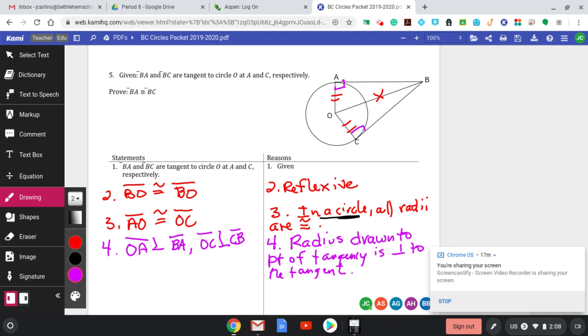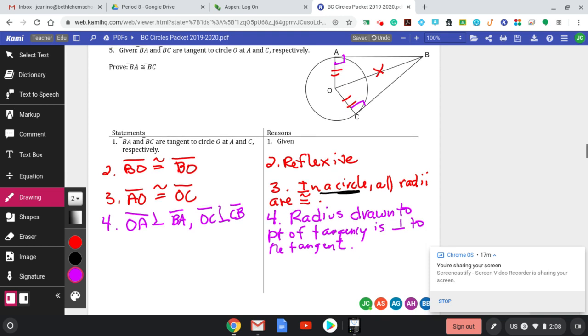Okay? That's what the theorem says, that the lines are perpendicular, not that they form right angles. Now, how do I get them to be right angles? Angle A and angle C are right angles. That's old school. Perpendicular lines form right angles.